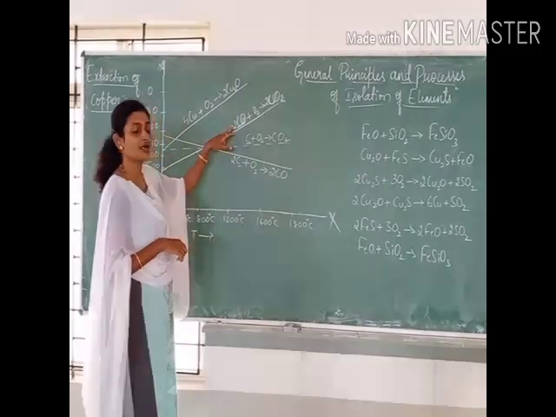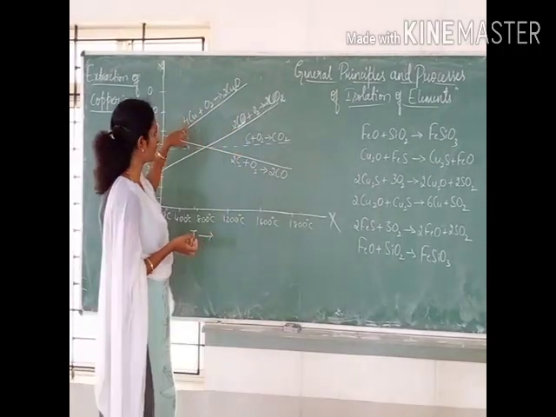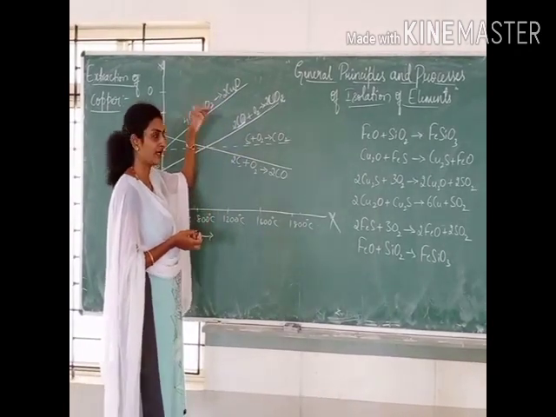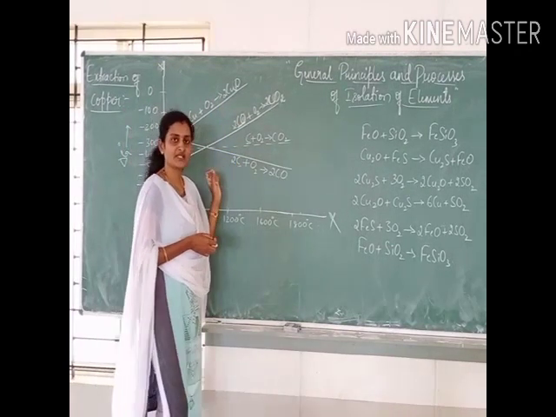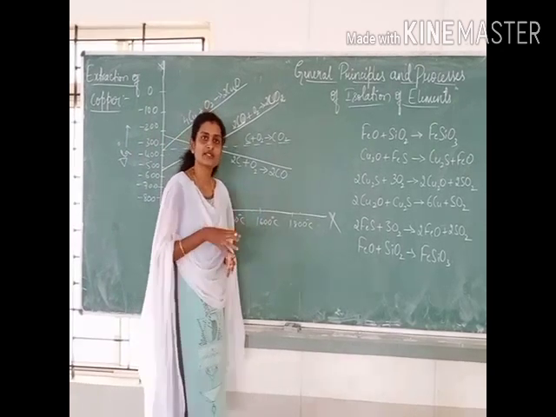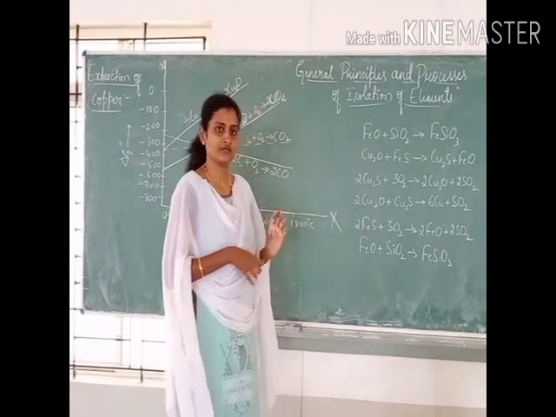These can be taken as a reducing agent to reduce the copper oxide to copper, because this line is lying above these two. Therefore any one of these two can be taken as a reducing agent in order to remove the oxide, reducing cupric oxide to copper. So then we can easily reduce it.